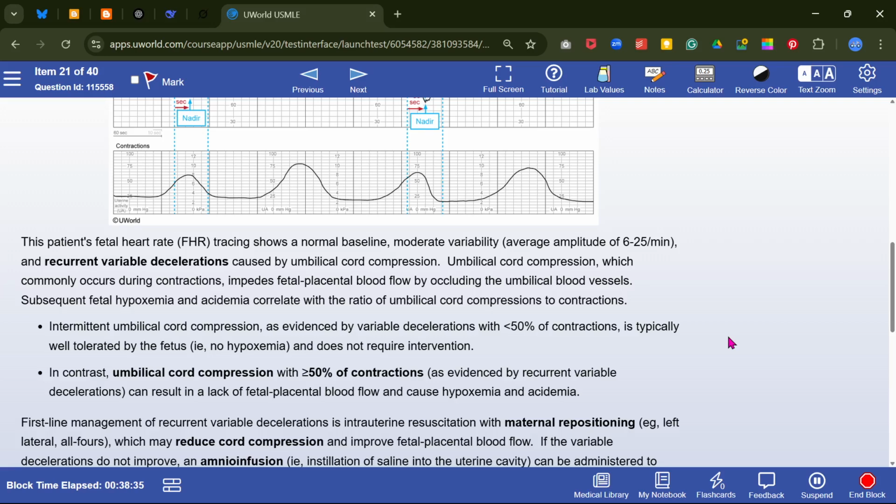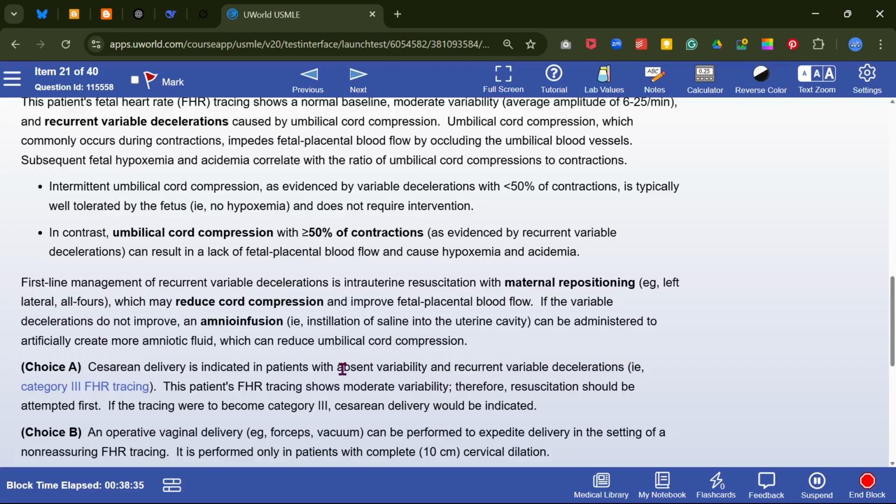That is, no hypoxemia, and it does not require intervention. In contrast, umbilical cord compression with more than 50% of contractions, as evidenced by recurrent variable deceleration, can result in lack of fetal placental blood flow and can cause hypoxemia and acidemia.